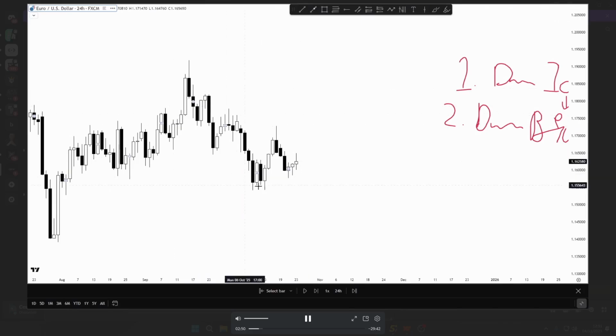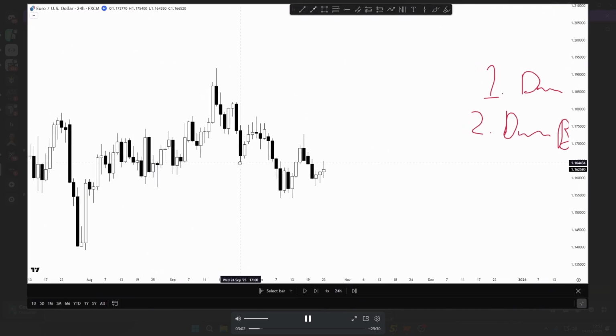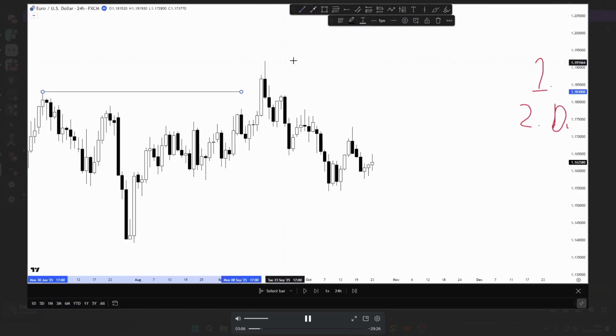The way I build a directional idea for the higher time frame is, first of all, I looked at the structure and determined the underlying structure that the market is moving in, and I did that using the ideas of market structure. What you can see on the chart is that after we took out this major low right here, we then had a structural shift to the downside after we broke below this low.